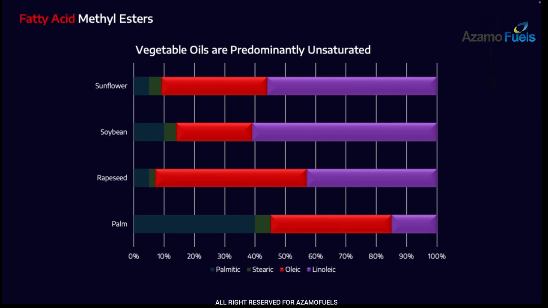The unsaturated are represented by the bright red and the bright purple, which are the oleic and linoleic acids. So what you can see is, especially the sunflower oils, but even the palm oils, are more than half unsaturated, and so that makes them oxidatively unstable.